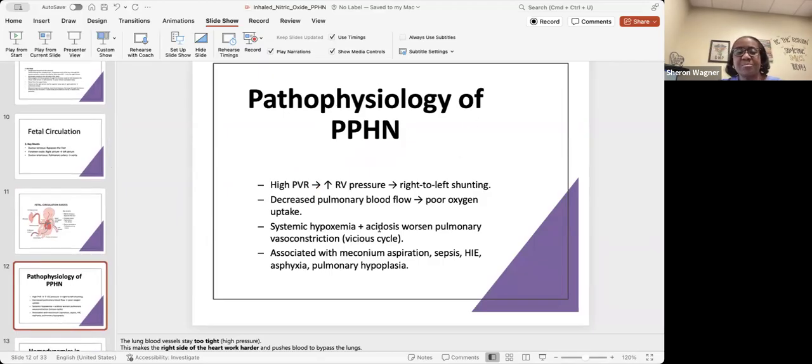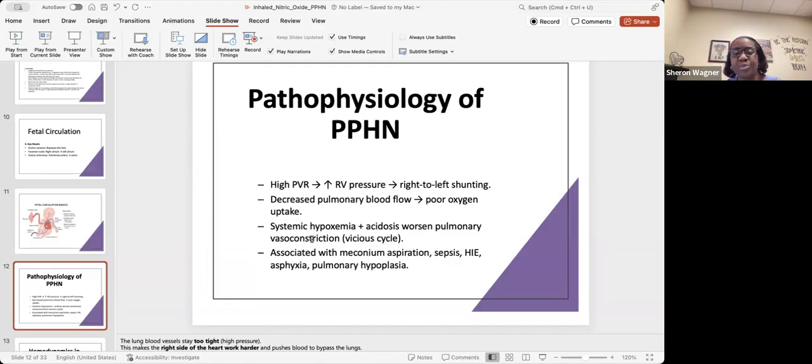So the pathophysiology of PPHN: there's a high PVR, and that leads to increased RV pressure, and that leads to right to left shunting. And so there is decreased pulmonary blood flow, poor oxygen uptake. This is simply saying that the oxygenated blood is not getting routed through the vessels and out to the body.